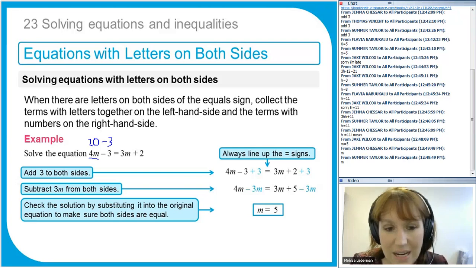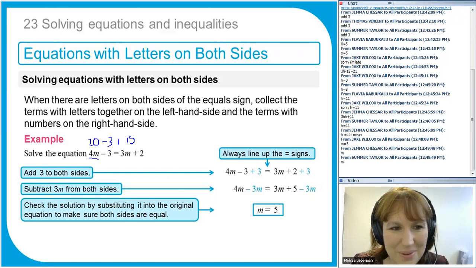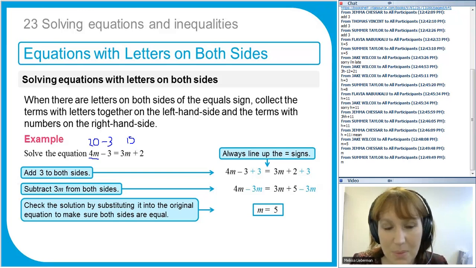And then on the right hand side, we've got 3 times 5, which is 15, plus 2. 20 take away 3 is 17, and 15 plus 2 is 17, so that's a true statement. So that's the value of the letter that makes that statement true.